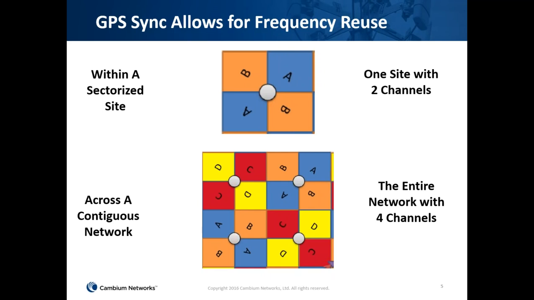And you can see with frequency reuse, we can reuse those two channels, channel A and channel B, much better use of spectrum than if we had to use 4 separate channels for that one site. And you can see in the one below that, if you have a much larger network that's fairly close to your original tower, you can get by with 4 channels as opposed to a much higher number that you require otherwise.